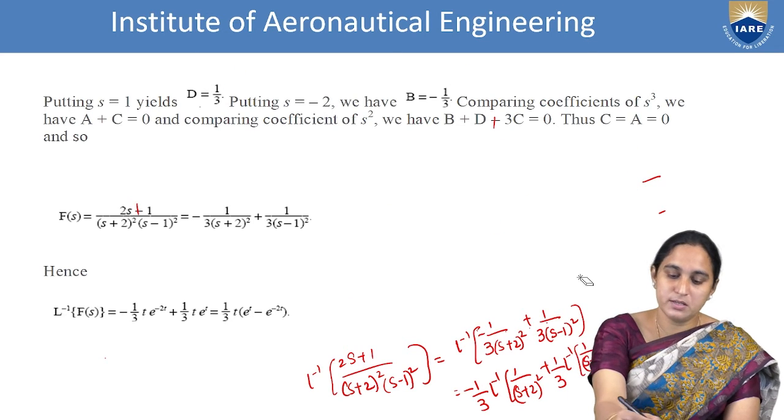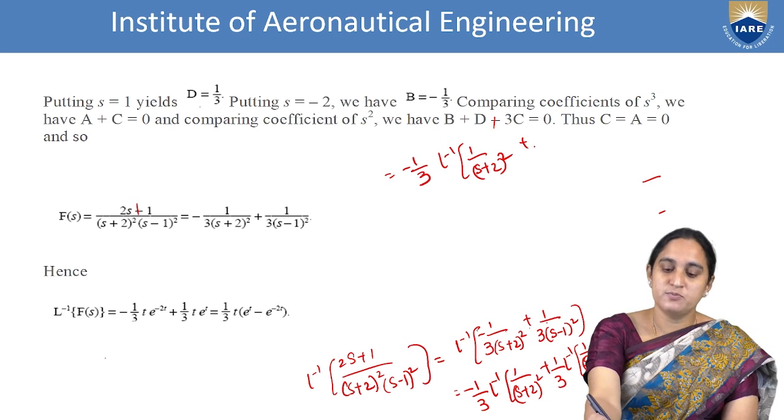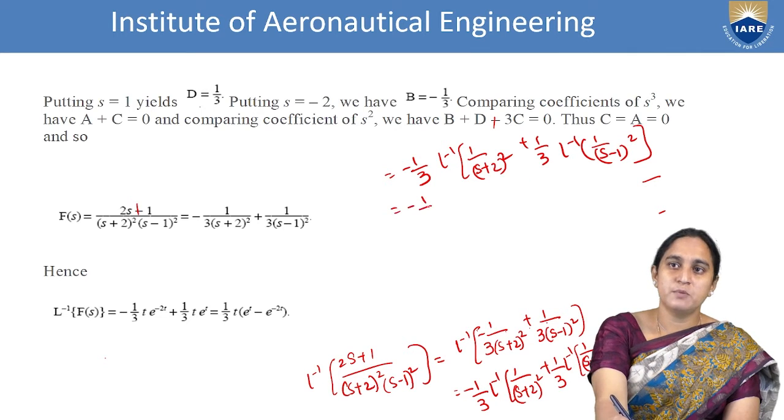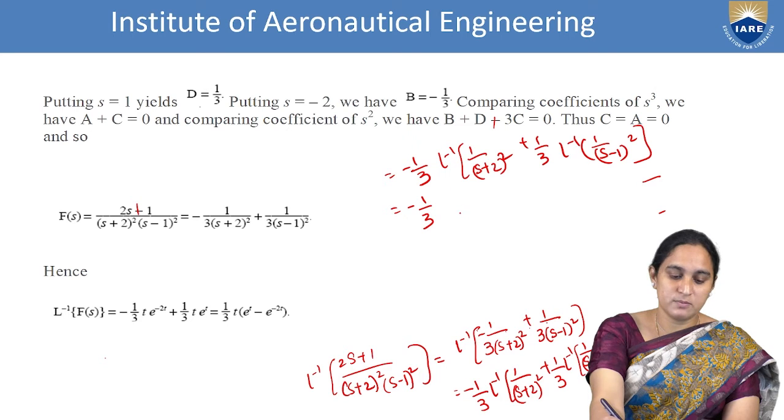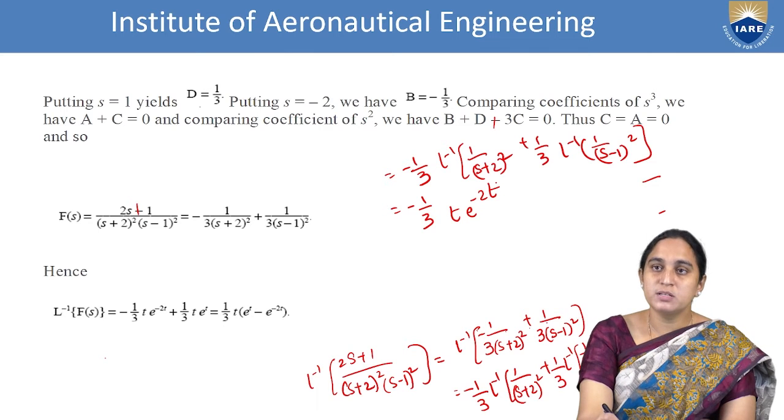Next, continuing: minus 1 by 3 into Laplace inverse of 1 by s plus 2 whole square plus 1 by 3 into Laplace inverse of 1 by s minus 1 whole square. That is equal to, here I am applying the first shifting theorem on the first part: Laplace inverse of 1 by s plus 2 whole square is minus 1 by 3 into t into e power minus 2t, by using the first shifting theorem and Laplace inverse of 1 by s square, that is t.